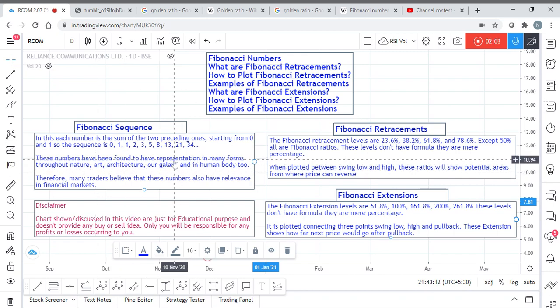With this principle, many traders also believe that this is present in financial markets, and there are a lot of tools designed based on this.